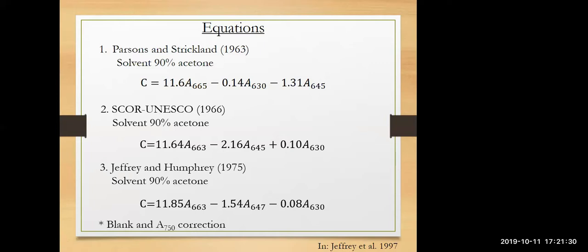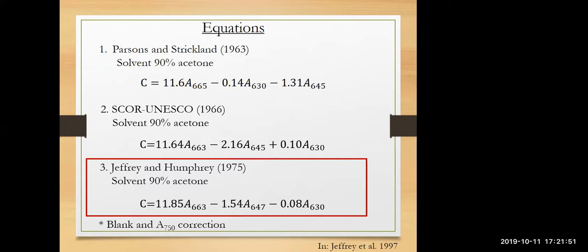But here I am focusing on the main points so you can understand which equation we can use if we are working as a network, and which is the most recommended if we have spectrophotometers to measure chlorophyll-a concentration. The equation of Jeffrey and Humphrey is one of the most used and most recommended, even by SCOR, UNESCO, and other international agencies.